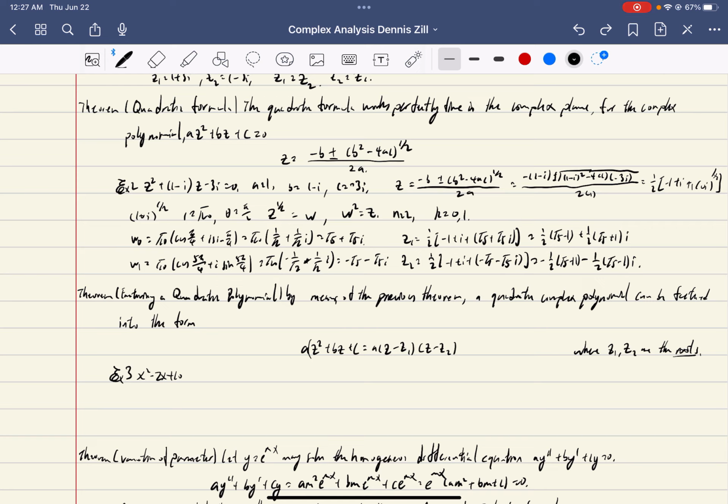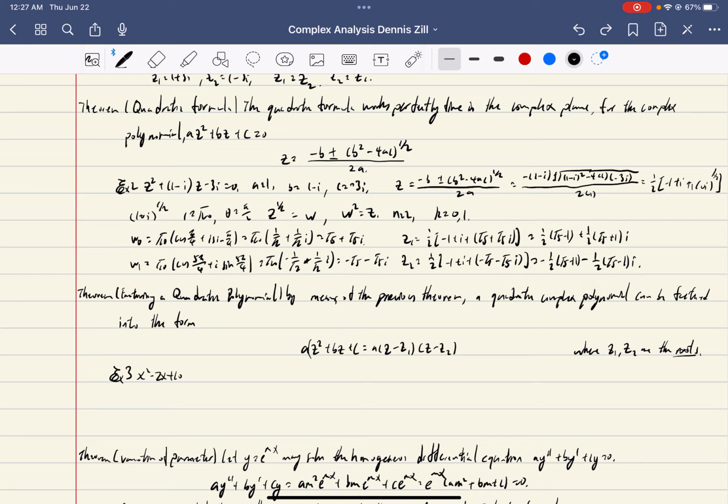So now, if we take a look at this one, you have x squared minus 2x plus 10, and that can be factored.